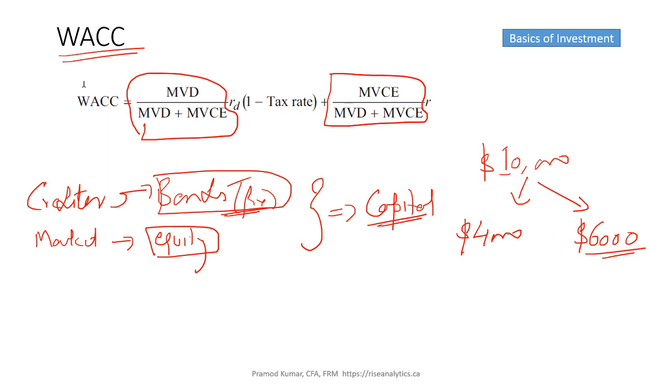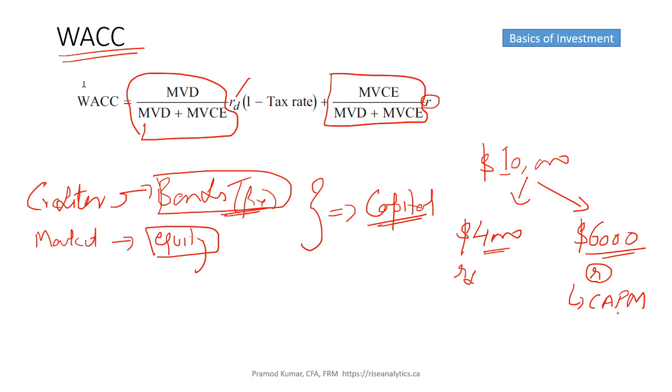Now, of course, nobody will give the money for free. So the cost to raise this debt is RD, and the cost to raise the equity is RE. The cost of equity can be calculated using CAPM, which I have covered in depth in a different video.